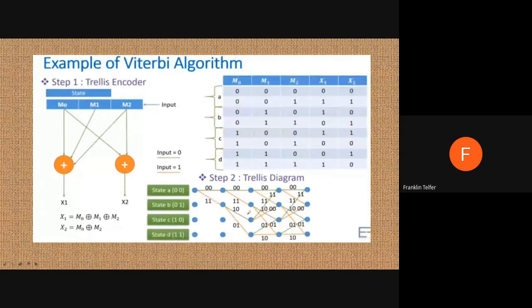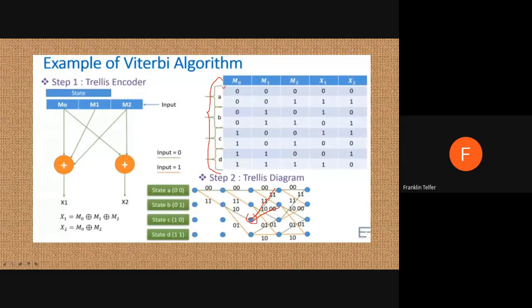You can see in the C section, this node 0 0 is going to 0 1, B. So from this tabulation, we can find out where that particular node goes under the condition of input 0 or 1.